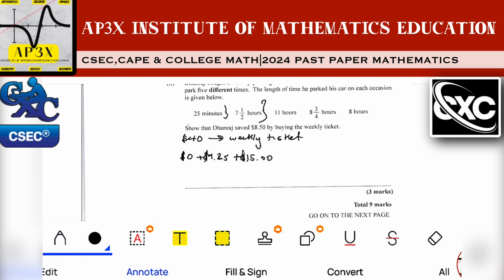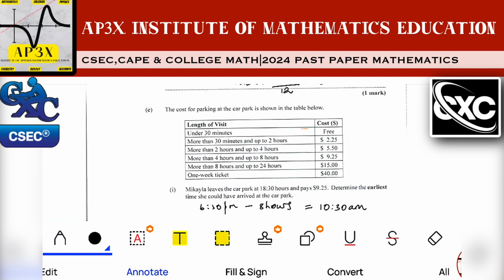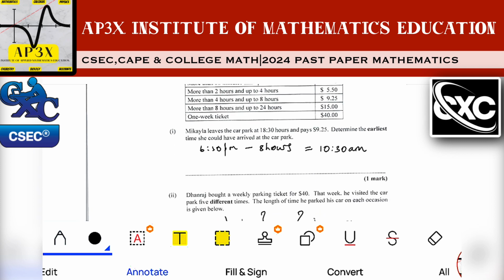And then now he parked for another 8.75 hours. So 8.75 hours, that again would be $15, because 8.75 is 3/4 more than 8 hours. So he has to pay another $15.